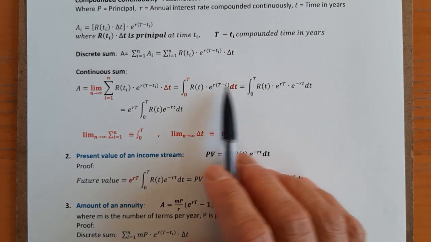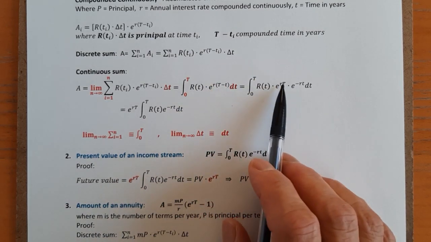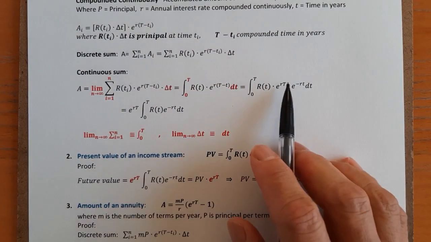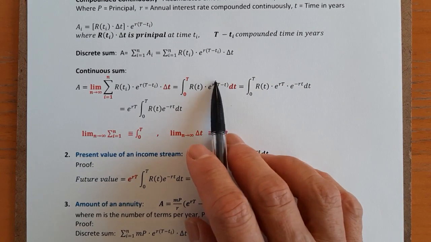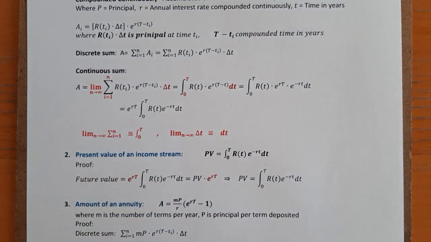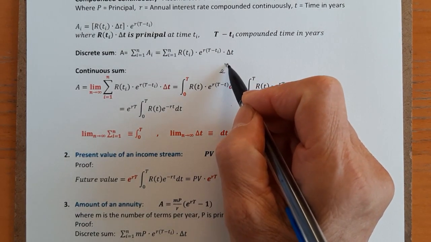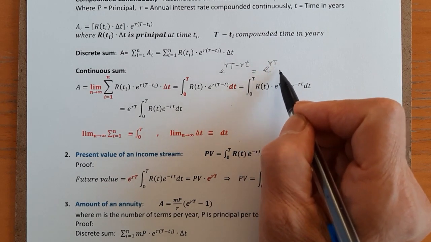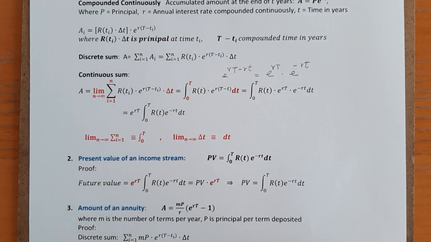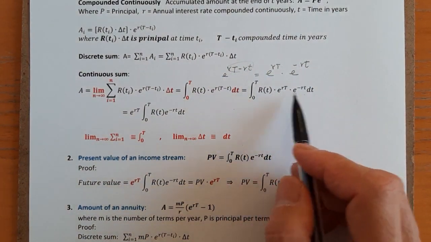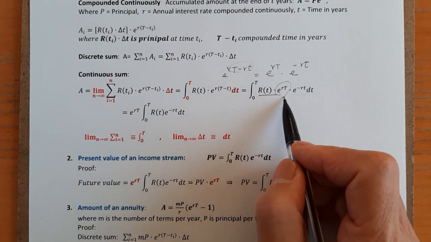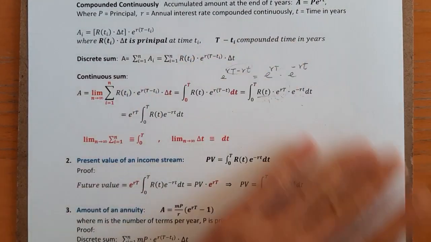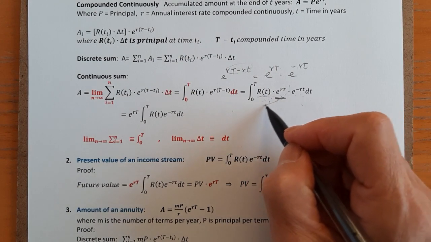So the formula becomes the integral from 0 to T of R of t times e to the power r(T minus t). Distributing, e to the power rT minus rt separates into e to the power rT times e to the power negative rt, because the two add together, with the same base e, to go back to this. Since e to the power rT is a constant, it doesn't change with lowercase t, you can factor it out.